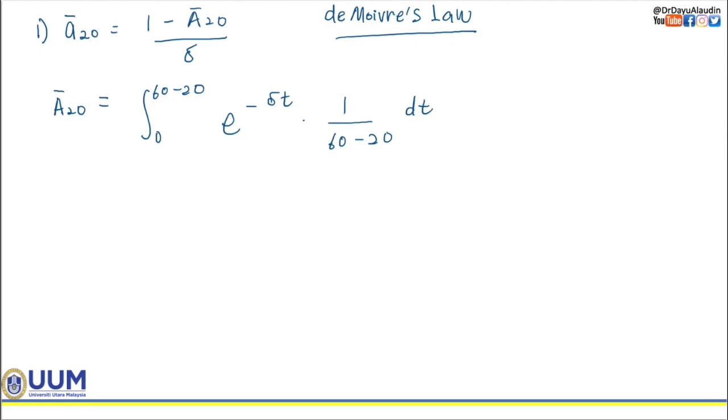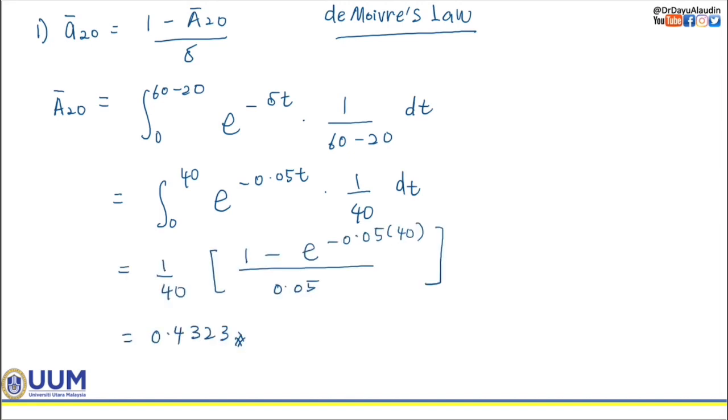For de Moivre's law, the upper bound is omega minus x, and this is v^t, and this is tpx mu x plus t, which for de Moivre's law is 1 over omega minus x. Then we substitute the values inside the equation, and then we solve for the integration.